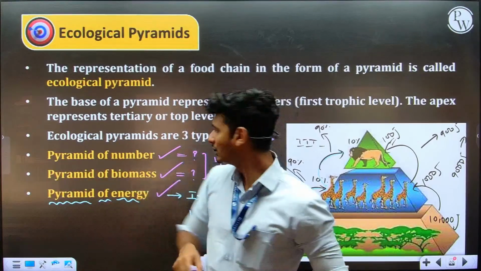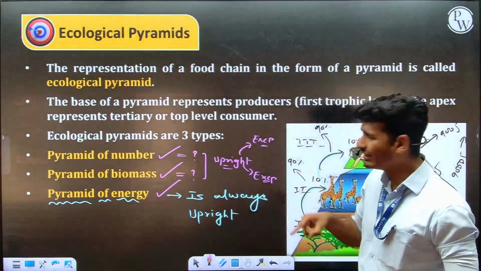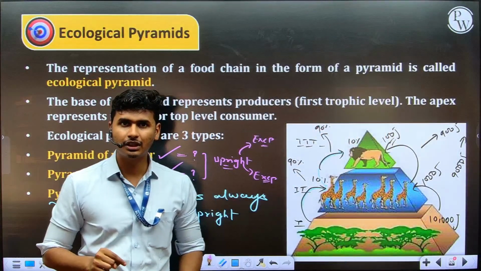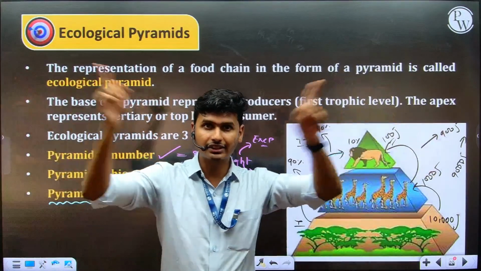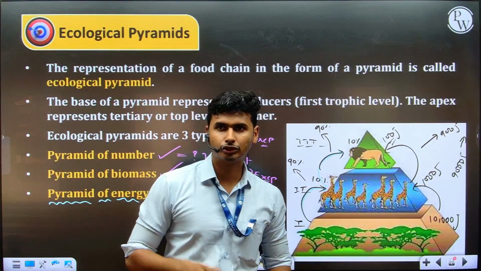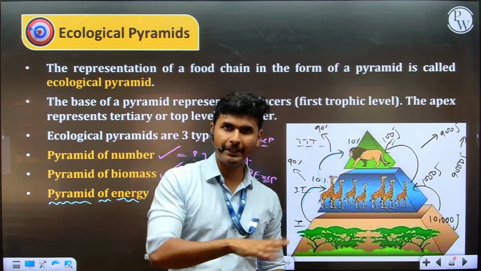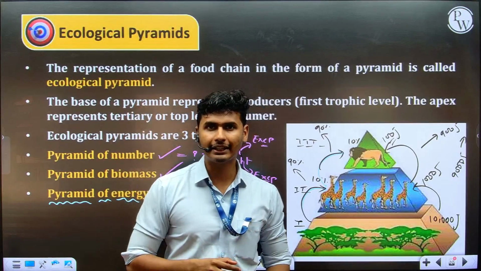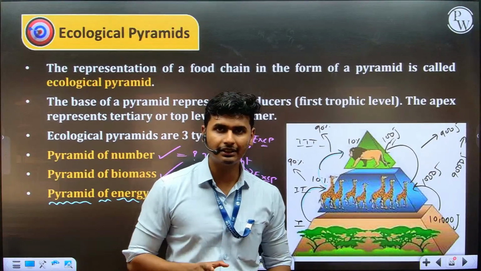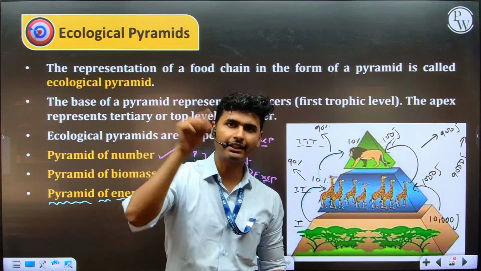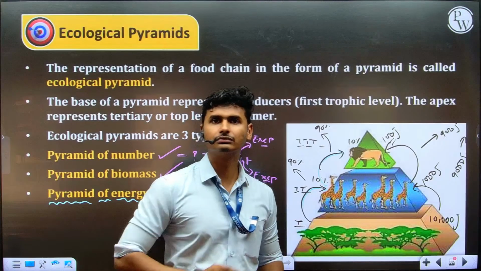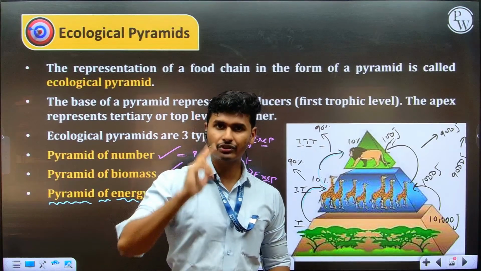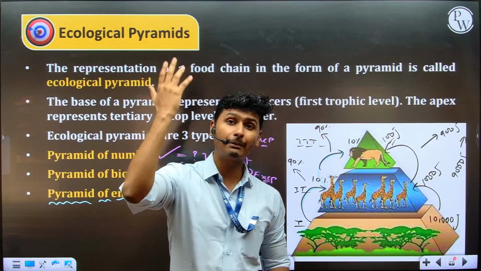Now second, is the pyramid of number inverted in any example? Yes, in a terrestrial ecosystem only. If there is an example of one large tree, 1,000 birds depend on the large tree and 10,000 parasites are attacking the birds, and 1 lakh hyperparasites are attacking these parasites. So one banyan tree, 1,000 birds, 10,000 parasites and 1 lakh hyperparasites.